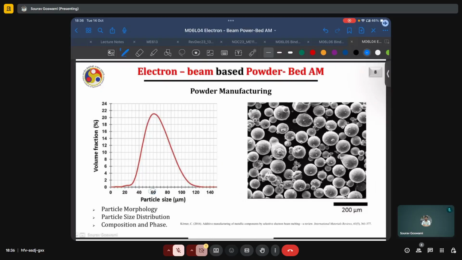So it is never possible to get a batch of powder which will have all particles with diameters exactly 60 micrometers. There will always be a distribution. So we will have powder particles which are slightly larger than 60 and those which are slightly smaller than 60. Of course, among these, the highest fraction of powder particles will be very close to 60.